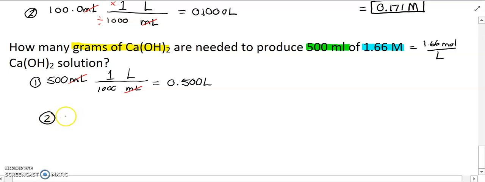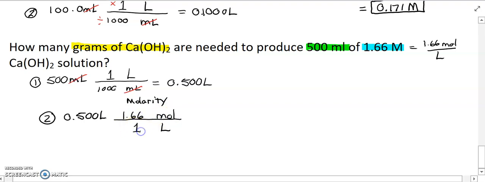And I have 0.500 liters. That means that liters needs to go on the bottom so it can cancel out. And if I'm using that molarity, that puts moles on the top. And the molarity is going to be 1.66 moles per 1 liter of solution.